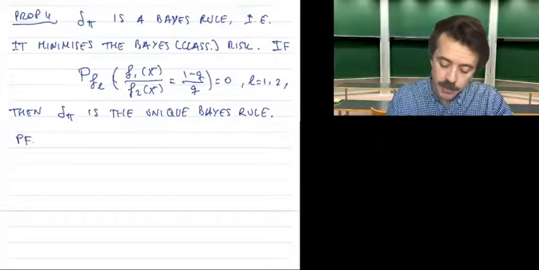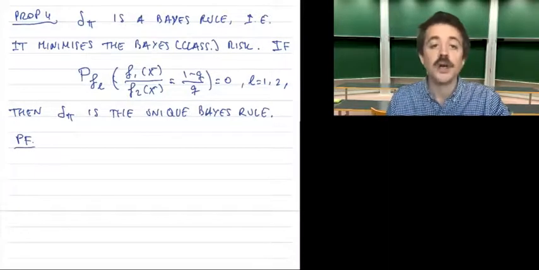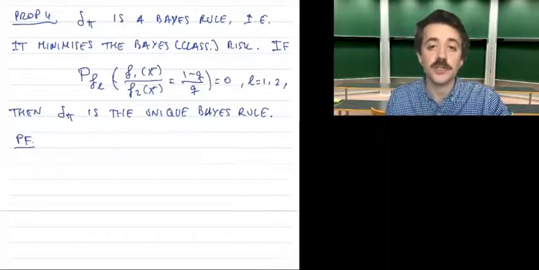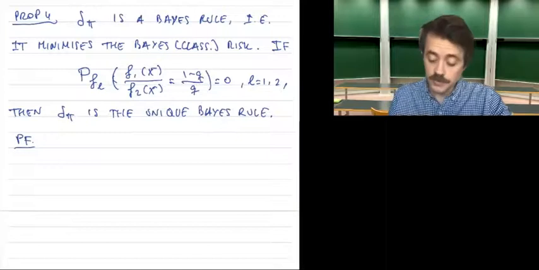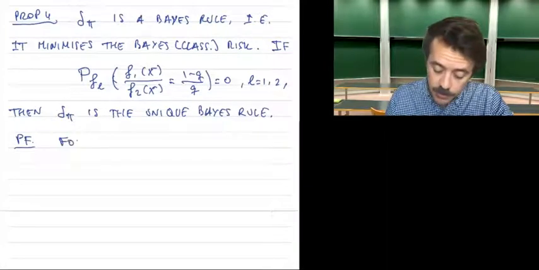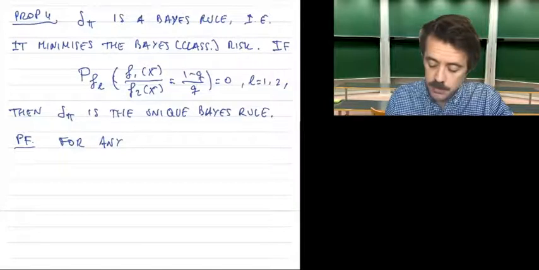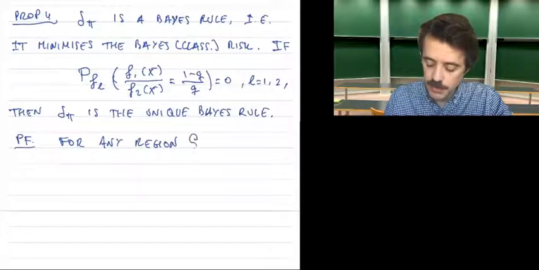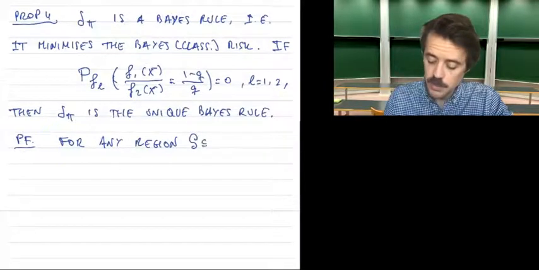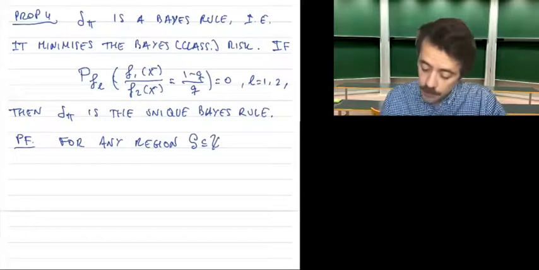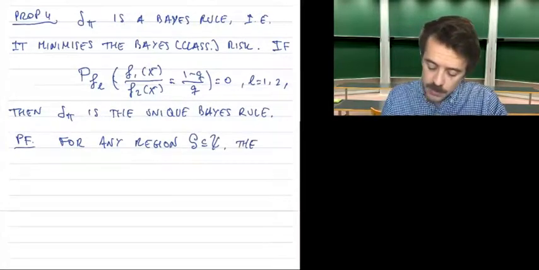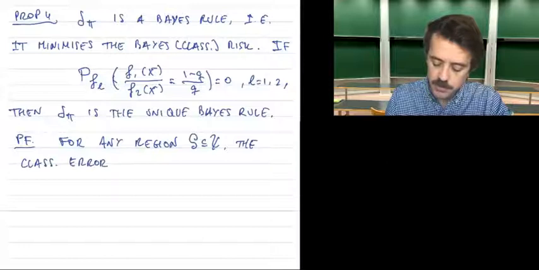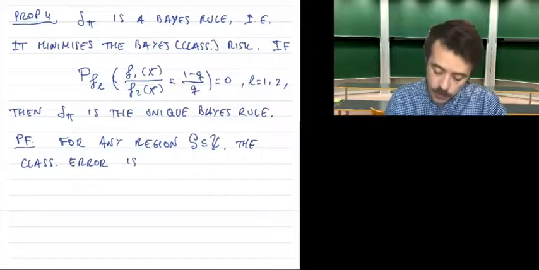How do we prove this? Well, the proof is actually quite simple. Let's write the Bayes risk or the classification risk or error in this problem, and let's do this for any region, which I'll call calligraphic S, in this calligraphic X. The classification risk or error is what we've seen already.